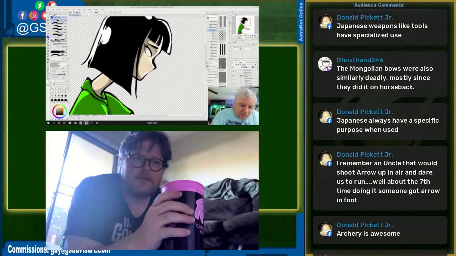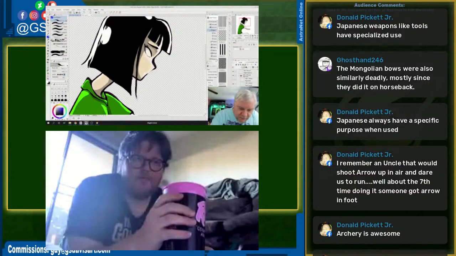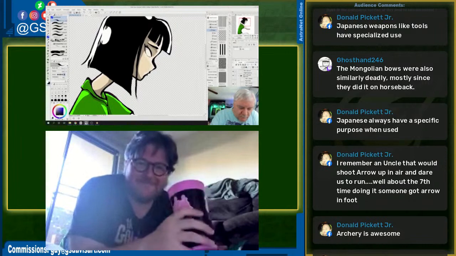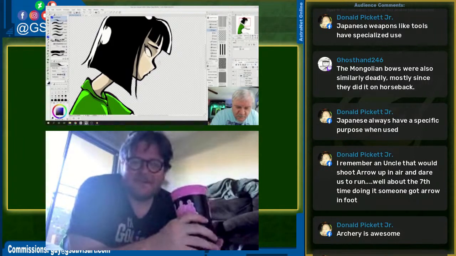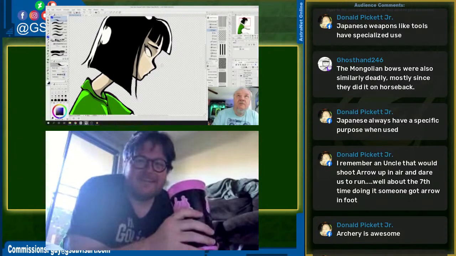Granted, this is all short bow stuff, so this is not going to be like Japanese longbow. No, our longbows were nasty. But also at the same time, if my family were on horseback, they probably would have had their automatic bows, known as crossbows. Yep. So, pick your poison with that one.